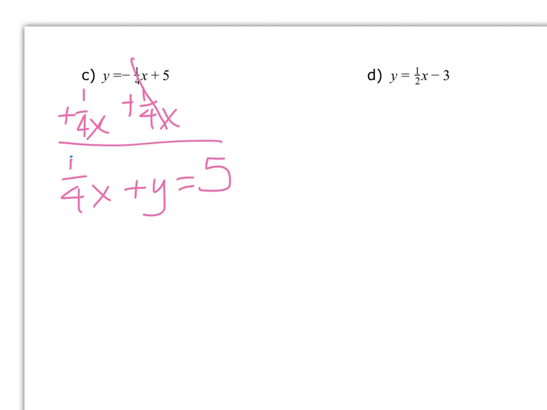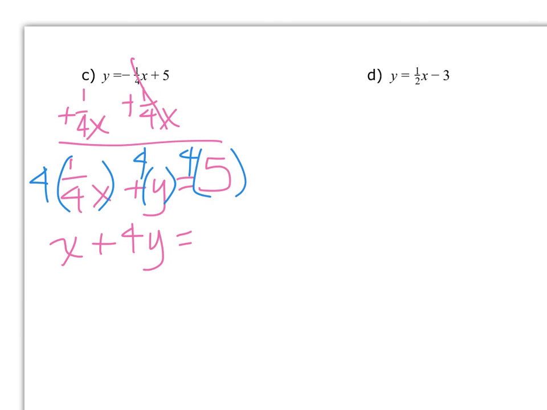So can I multiply just the first term by 4? Well, if we do something to an equation, if we do something to one term, we have to do it to all the terms, right? So I'm going to multiply each term by positive 4. So 4 times 1/4 is 1, so I have 1x. 4 times y is 4y, beautiful, equals.